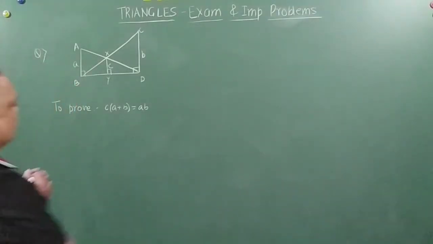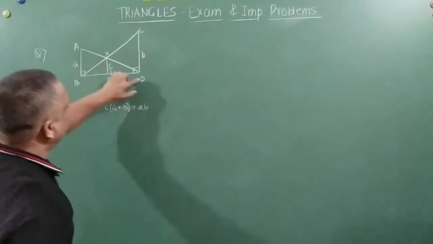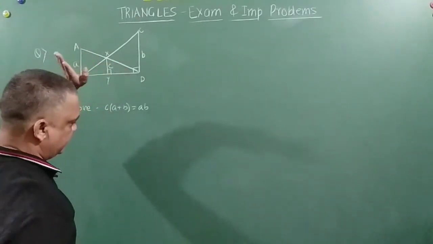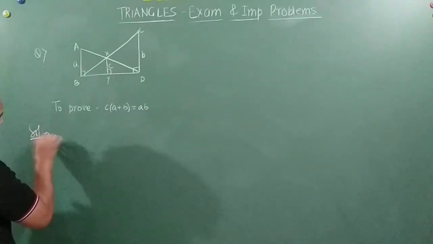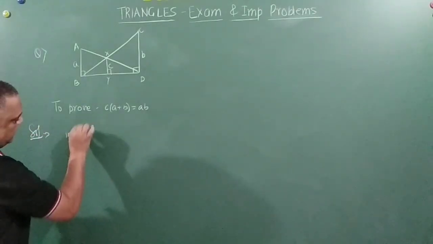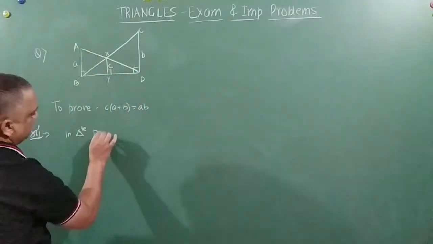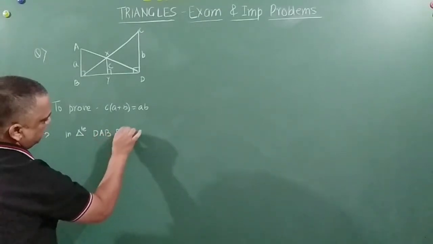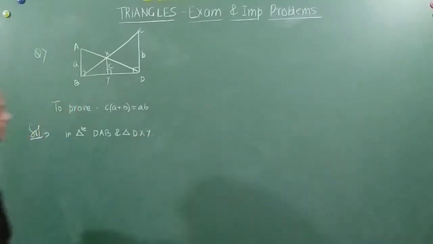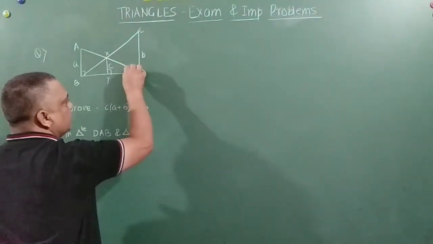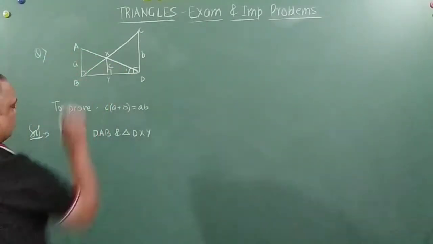So friends, how do we go about it? We will prove a similarity for triangles ABD and XYD. So, solution: in triangle DAB and triangle DXY, this angle is the same for both triangles, and one other angle is equal to 90 degrees.